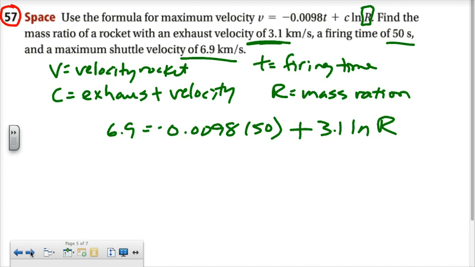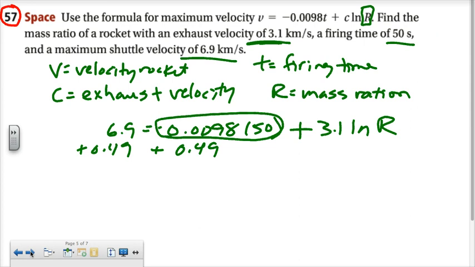So what do we need to do? Well, we need to add whatever 0.0098 times 50 is, and that comes out to 4.9. So this is negative 0.49. Wait a minute, 0.49. Is my decimal in the right spot? There we go. So we're going to have to add 0.49 to both sides, because when you do this multiplication, you get negative 0.49.